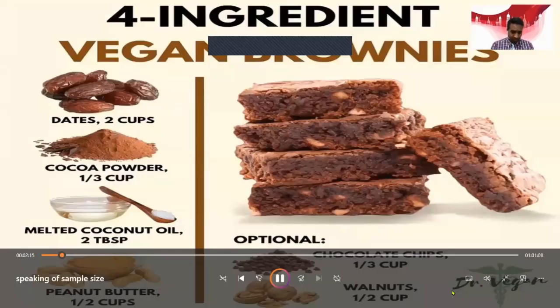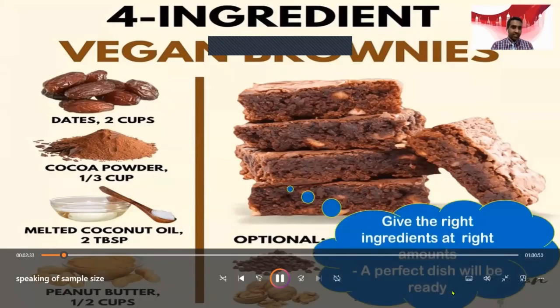Actually, no. If you want to prepare a dish, say a vegan brownie, you have to read the procedure properly and give all the necessary ingredients in an adequate quantity. If you provide the right ingredients in the perfect quantity, you will get the right dish, right?